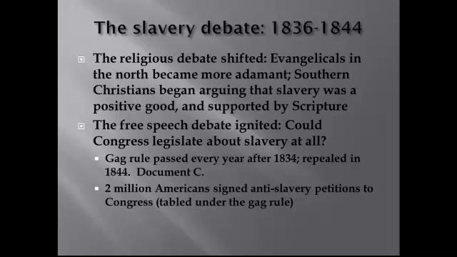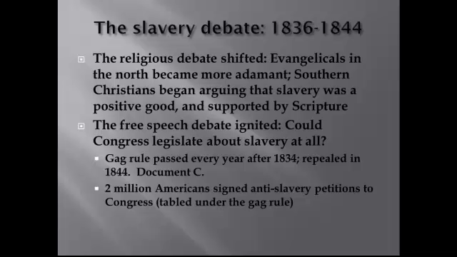Probably an even more important reason for hardening positions, though, was a changing religious climate. The first half of the 19th century was a fervently religious period in American history. These were the years of the Second Great Awakening, the huge expansion of evangelical denominations such as the Methodists, the rise of other groups such as the Mormons, the Seventh-day Adventists.